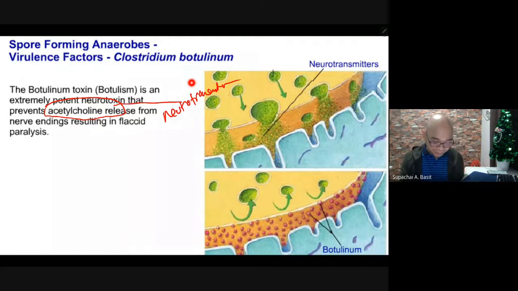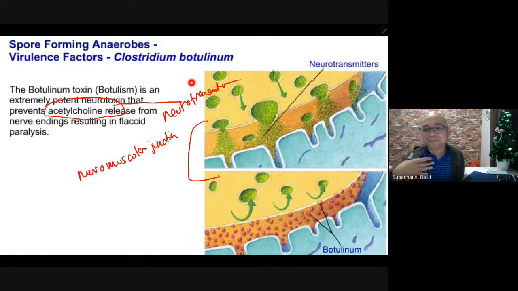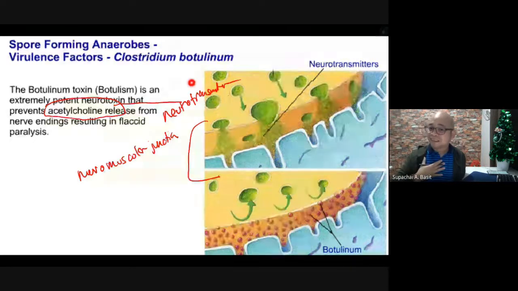So, for example, this is our neuromuscular junction. Whenever we are breathing, we need our muscles to contract, right? In order for us to breathe, our diaphragm is important.